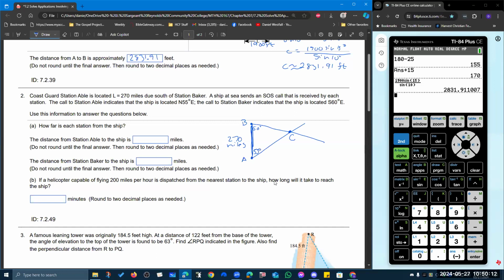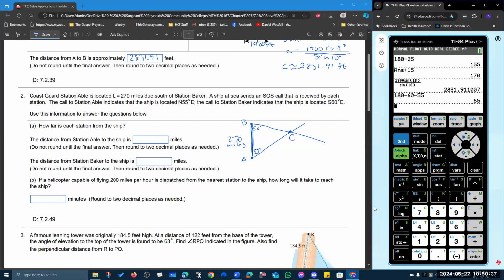I think you can already tell from my drawing that the ship is going to be closer to Baker, but let's prove that with trigonometry. So 180 minus 60 minus 55.